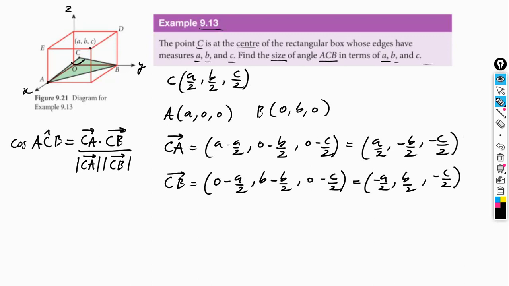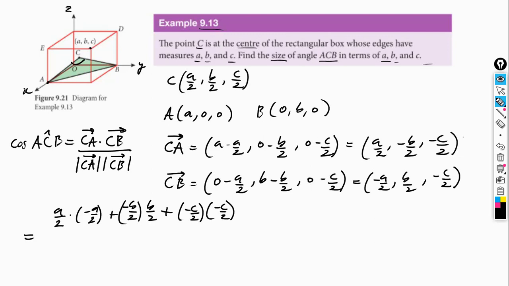Okay, so we continue down here. This is going to equal A/2 times negative A/2, plus negative B/2 times B/2, plus negative C/2 times negative C/2.